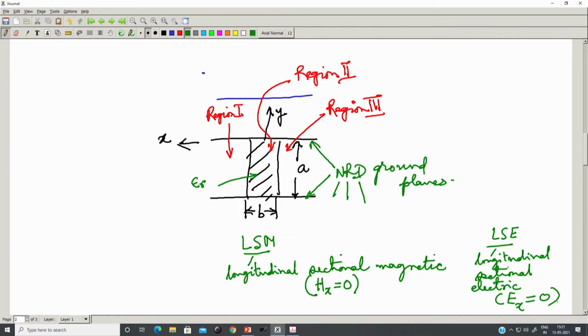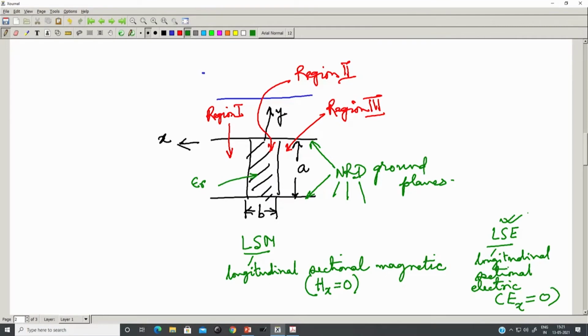So, therefore, for the LSE modes, the electric field is totally contained in the YZ plane, or it is totally contained on the surface of the dielectric with no normal component of the electric field along the x direction.